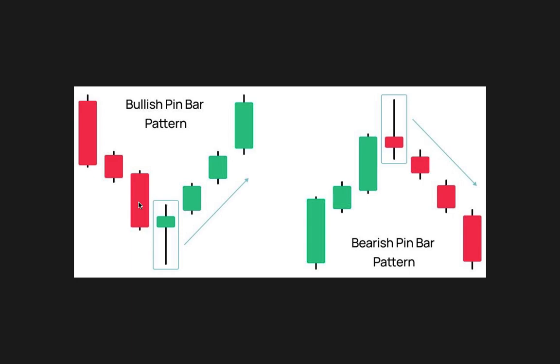When the market reaches that point and is moving down, a pin bar occurs and starts developing, there is a high chance that the market will reverse at that point. Let's say you are trading on the 1 hour time frame or any time frame, and you see that the market is at your level and a pin bar has developed. There's a high chance that the market is going to reverse.